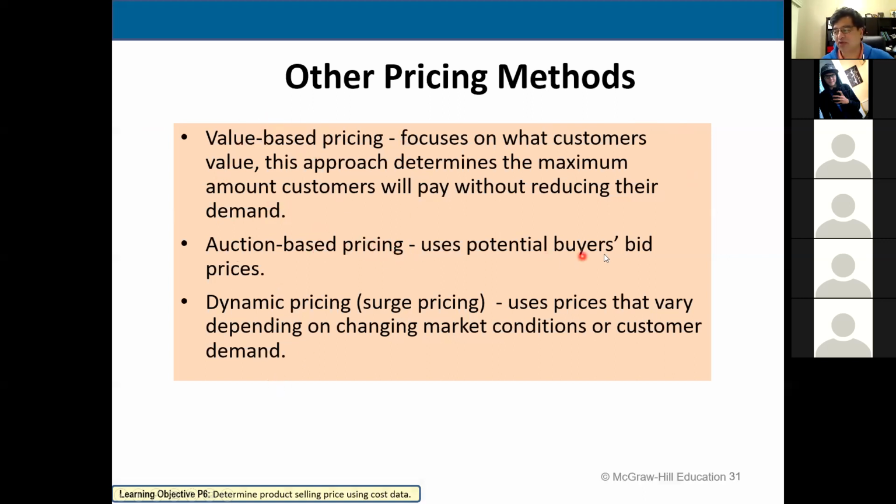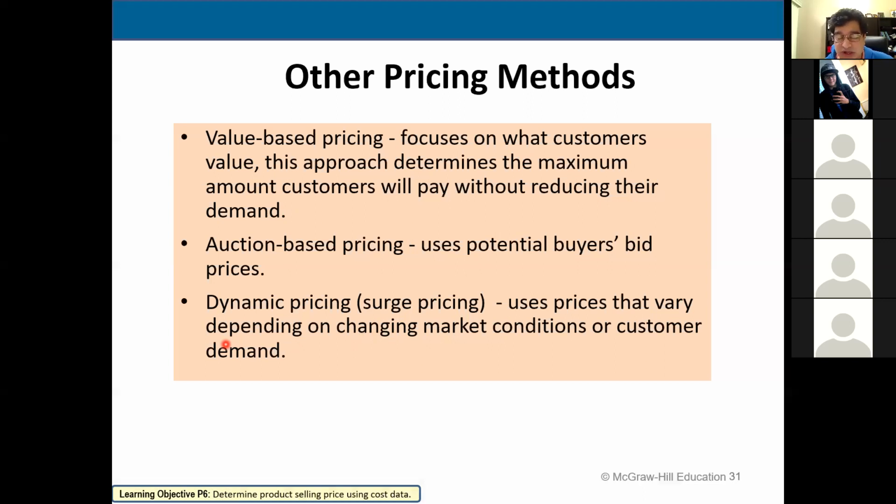Auction-based pricing, basically whatever the bids that buyers are willing to bid. Dynamic pricing, based upon the condition, like the airlines do it. And also, if you have noticed, have you heard of Wayfair?